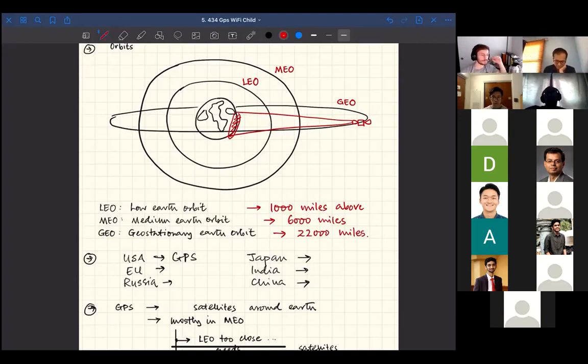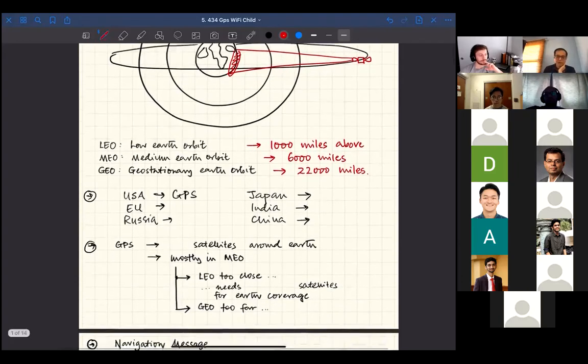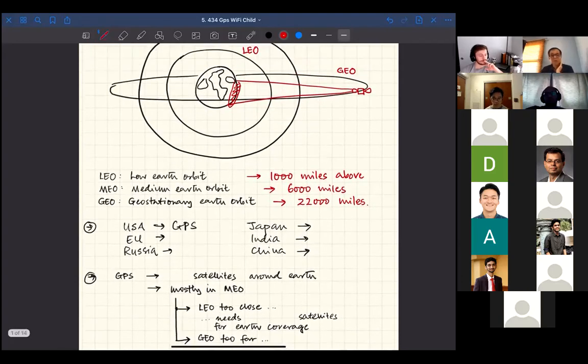Now, GPS, which is called Global Positioning System, is the name of a project that the US started in the 1970s and launched the satellites with the aim of giving localization to all points on Earth, but specifically targeted to points on the US. Okay, so this is just our USA's positioning system, but various other countries have their own positioning system.